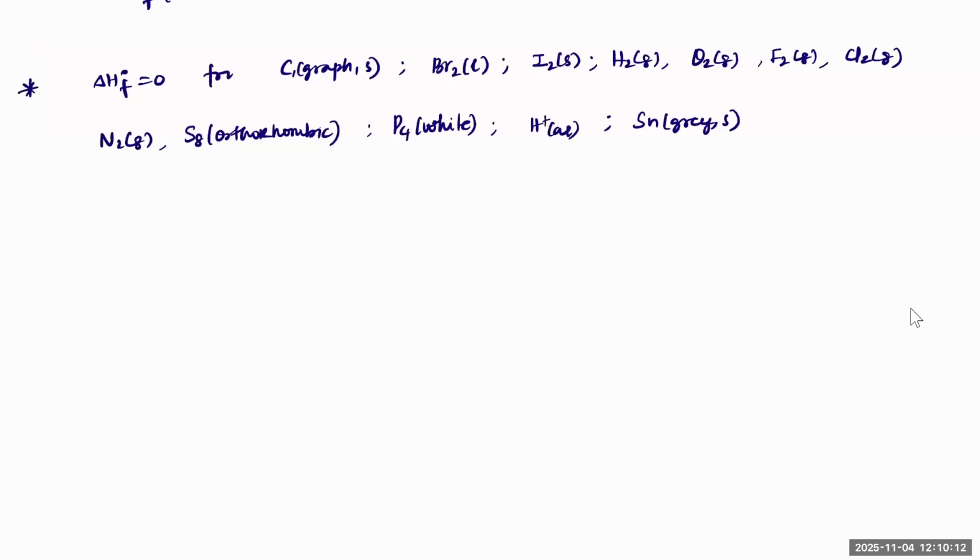Is this part clear, beta? Next thing. A general reaction like 2A plus B giving 3C plus 3D.